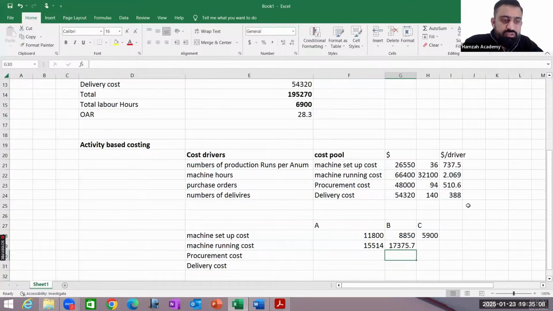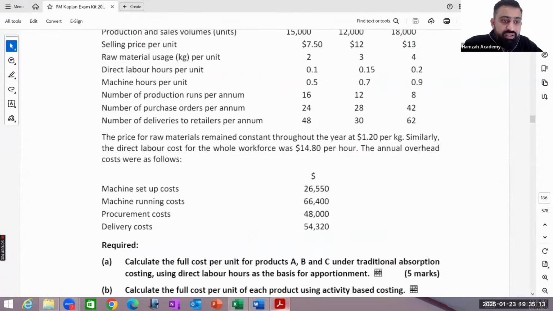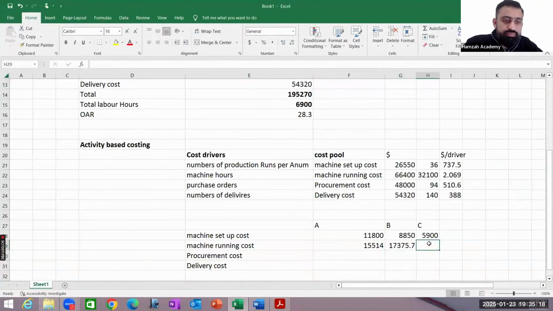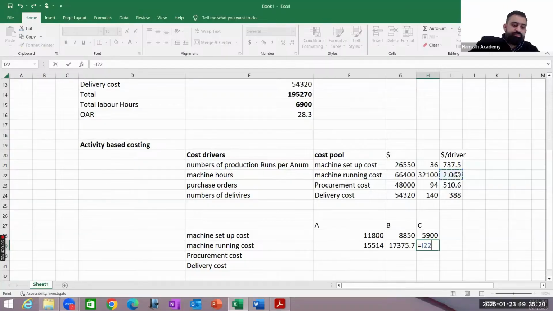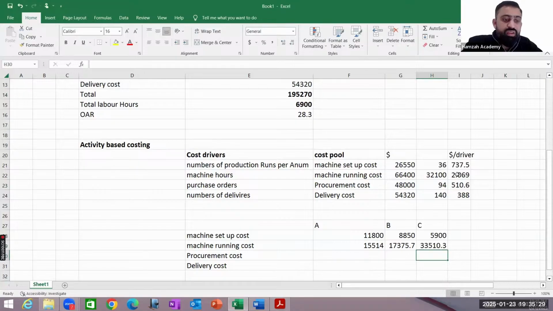So this will be allocated to B. And for C we have 18,000 units and 0.9 per unit. So for product C, this is the per machine hour rate, and total units produced are 18,000 and per unit required 0.9 machine hours. So that would be the machine running cost allocated to each product.